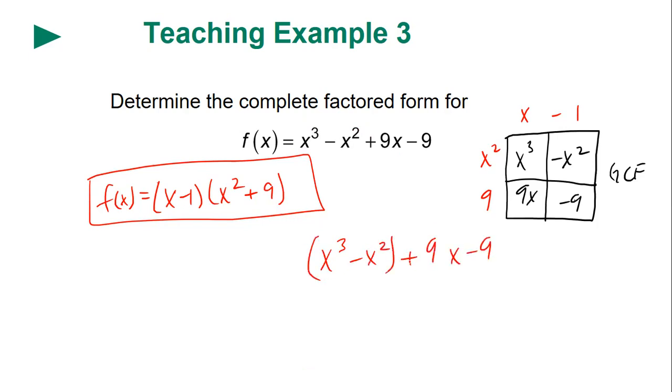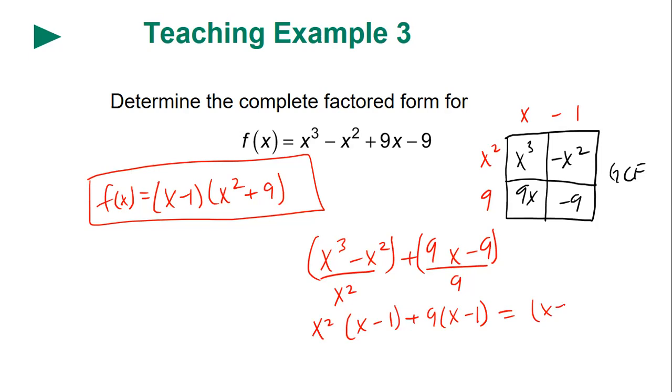So grouping, I pair them and then I find their GCFs. So the GCF here is x squared. The GCF here is 9. When you're finding the GCF, you're removing it. And then what is your common? x minus 1.